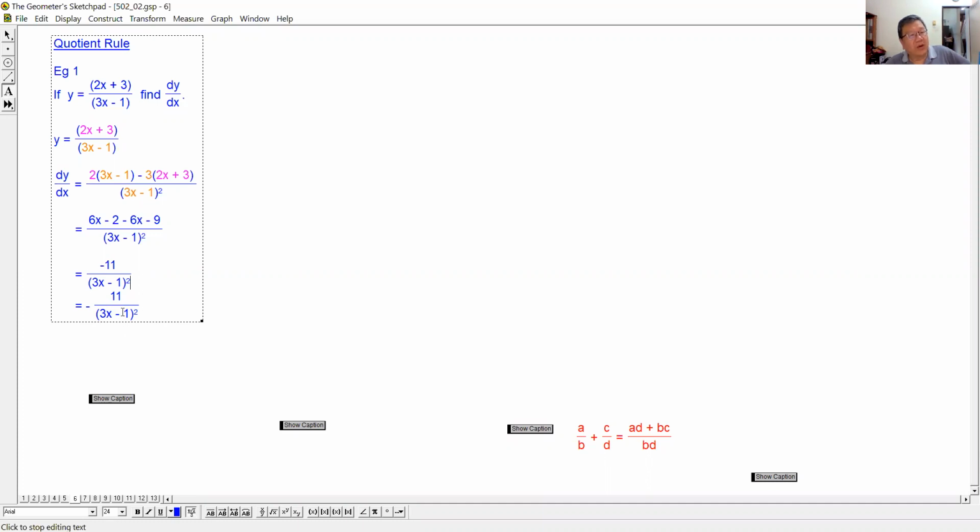So negative means the whole term is negative, rather than giving the negative to the top. Both ways of writing are the same. The meaning is the same, the value is the same. But it is better to write it this way, negative at the outside at the center there. Any question?